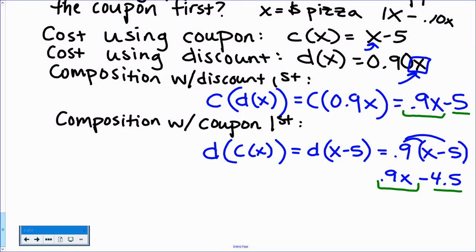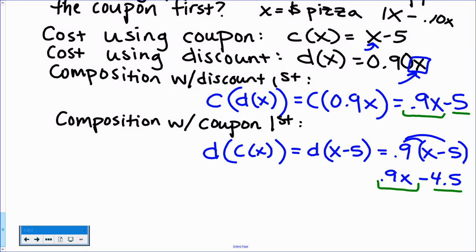Now for me, I'd rather take $5 off than $4.50. So it is going to be better when my discount is applied first. I will save more money, even though I have the same two coupon and discounts happening. It does matter which one's applied first.